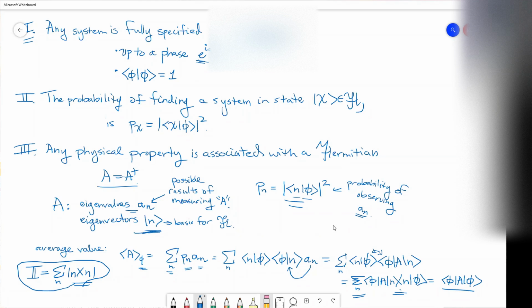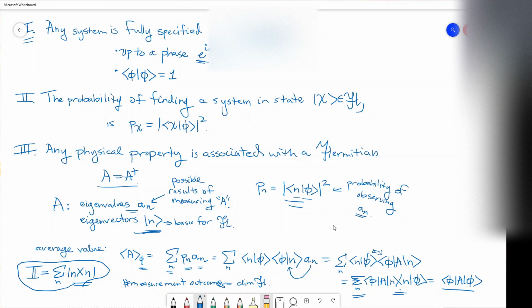And in general, the number of possible measurement outcomes is going to be the dimension of the Hilbert space, typically. So for spin 1/2, you can measure spin up or down, so there are two different measurement outcomes, and so you get two different eigenvectors. And so they span a two-dimensional Hilbert space.